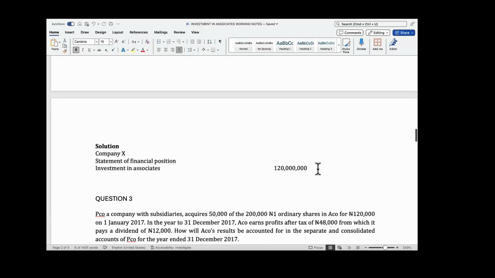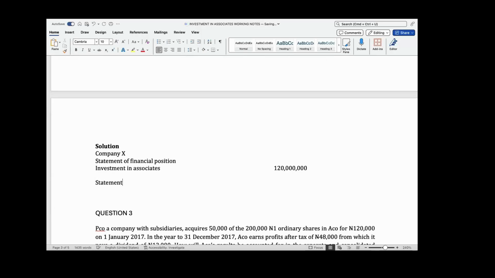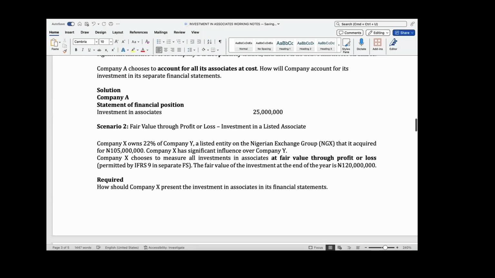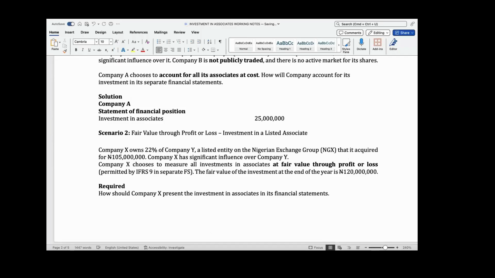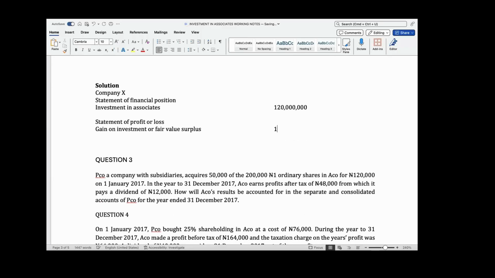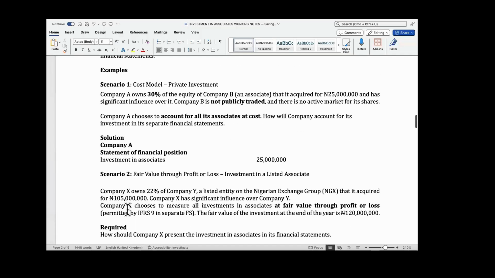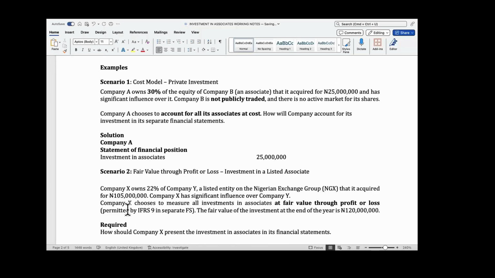So in the statement of profit or loss, we'll have gain on investments, or you can call it fair value surplus. And that's the difference of how much? 15. That's 15 million. That's a good investment. So this is in the separate account. That's all it does in his own account.